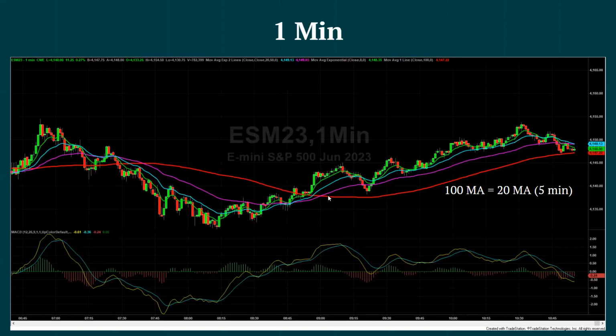But a lot of traders and investors, for intermediate term and short term, like the 20 or 21 bar moving average. Because that 20 bar plays a big role in your 5 minutes, we can translate that 20 bar moving average on a 5 minutes to 1 minute by multiplying it by 5.